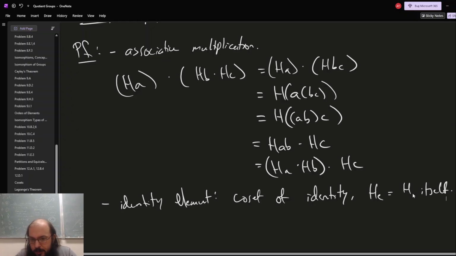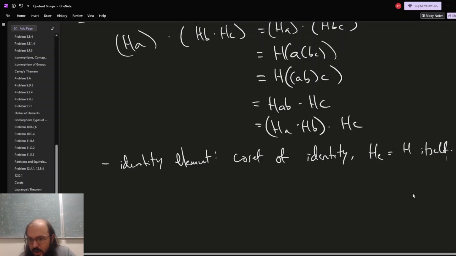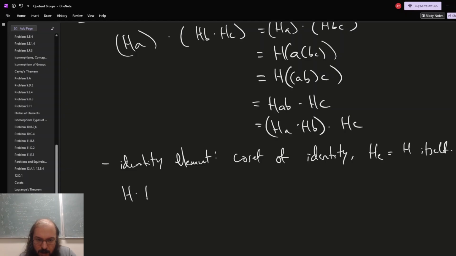The way cosets work is they essentially absorb anything that belongs to H. Well, H times Ha is of course equal to Ha. But if you want to see this written out in a little bit of detail, we can write this as He times Ha, or H of ea, or H of a, because e is the identity element of the group.